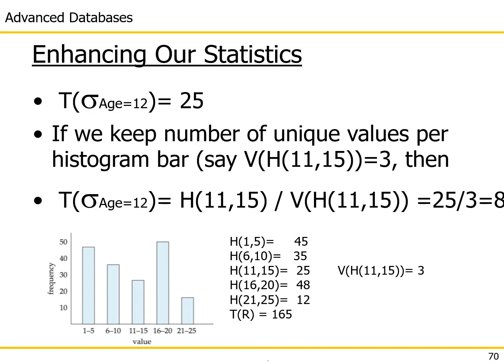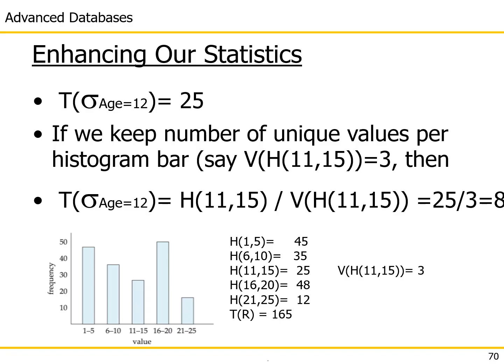But you can do even better than this if you keep the number of unique values in each histogram bar. So not the overall for the whole table, but for every histogram bar. Like if you know that there are 3 unique values between 11 and 15, you can follow the same approach we have discussed before with exact value estimation.